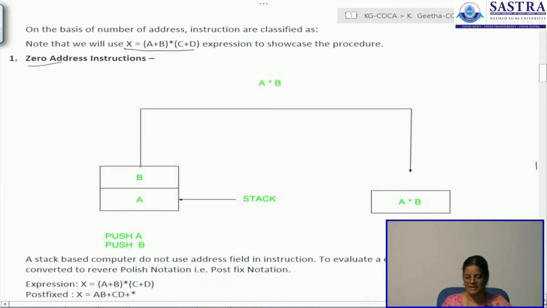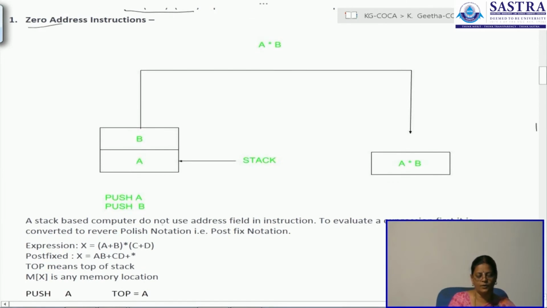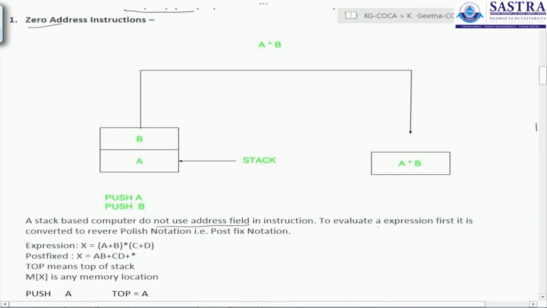A stack based computer will not use any address field in the instruction. To evaluate the expression, as I told, we have to convert it into Polish notation, reverse Polish notation or postfix notation. The given expression is (A + B) * (C + D).